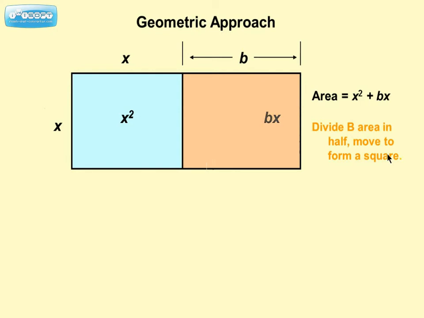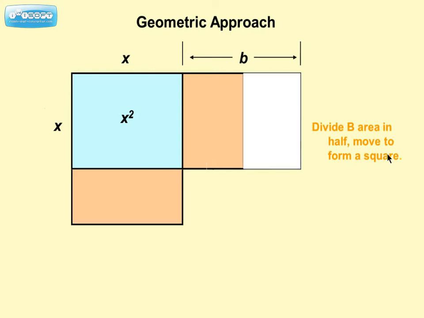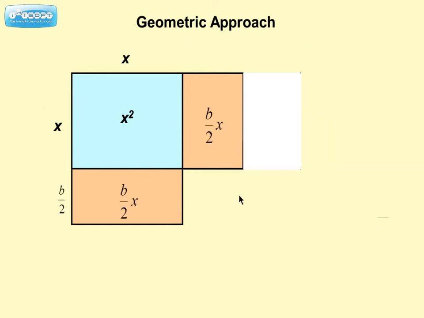We'll divide b into half and add it to this portion of the blue square. As I do the steps, you see that the area of the two brown halves is (b/2)x. To complete the square, we need to add in this small piece here, which is (b/2) squared.